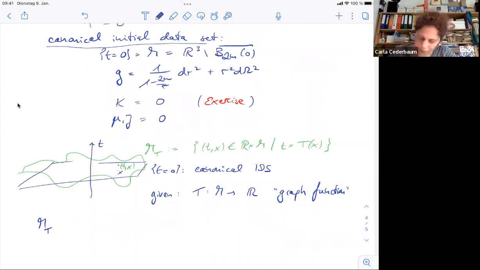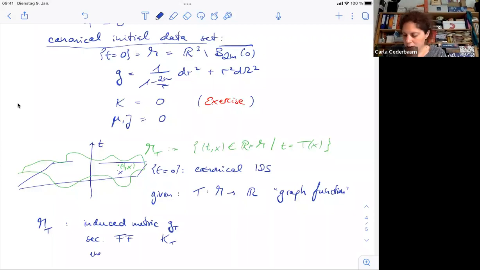g_T. And we can study the second fundamental form, K_T, and we can study the energy density and the momentum density, mu_T and J_T. And the index capital T indicates that we're always referring to that very same graph function, capital T, that's given to us.